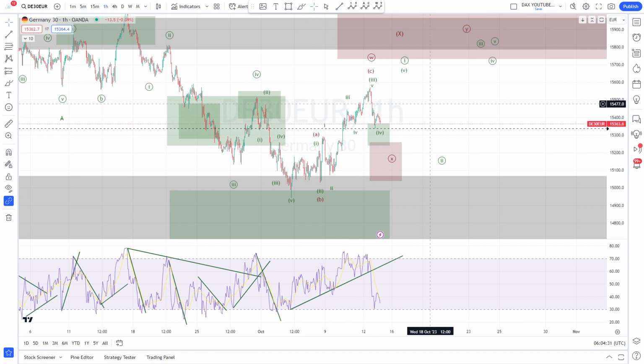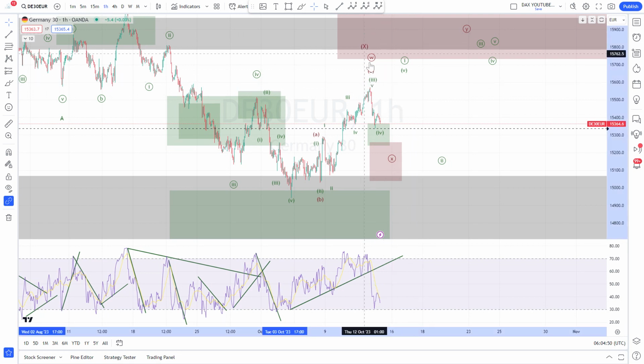So yeah, for today, it might be quite complicated, but the market gives us what it gives us. I can only share my analysis and the possibilities that I see. And so to summarize, I would say there is a chance that the wave X here in the higher degree is finished right here.